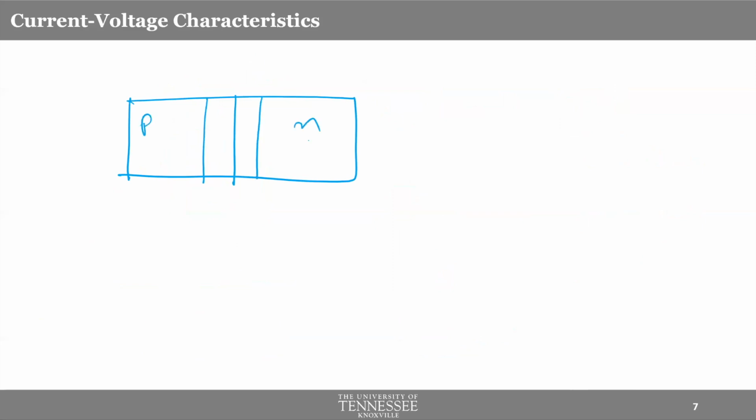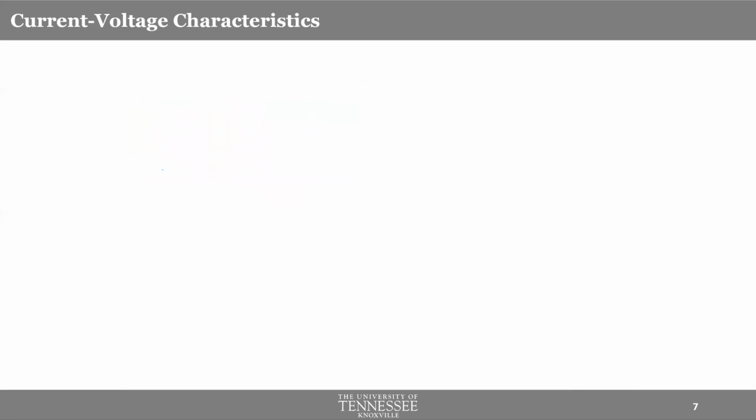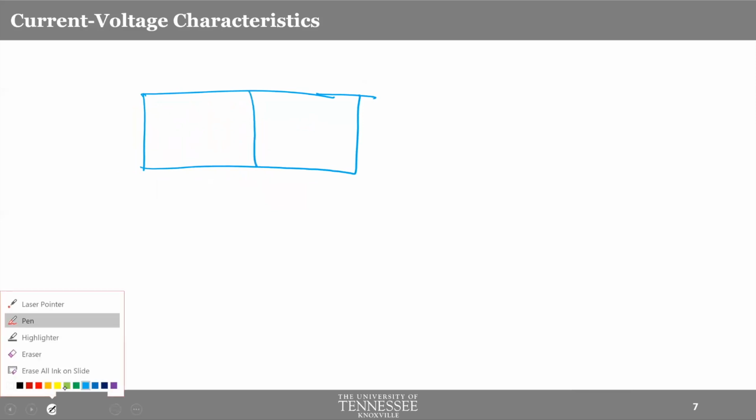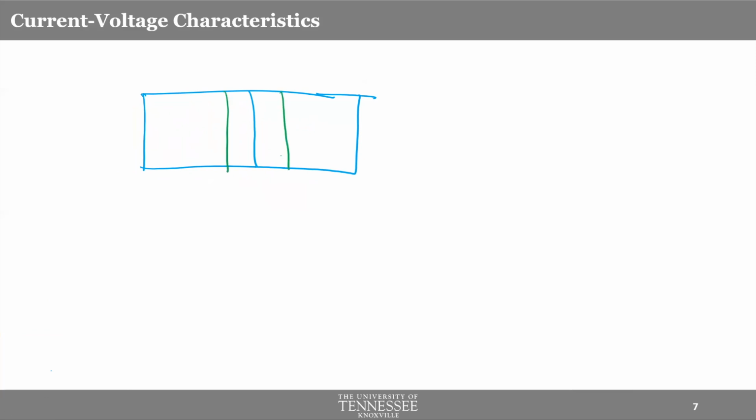Say in the depletion region, let's consider that you have positive and negative charges. I probably should have drawn it with different colors to represent that these are depletion regions.